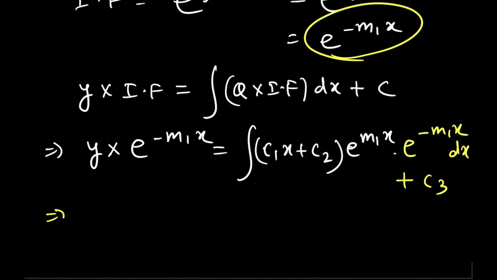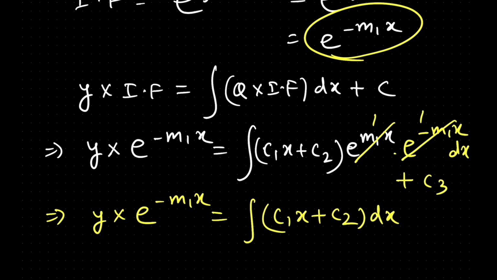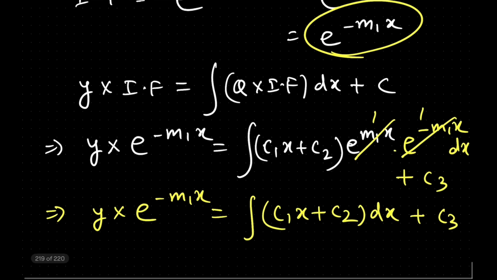So here you will get y into e to the power of minus m1x is equal to, so here again this will get cancelled with this, you will get 1 into c1x plus c2 dx plus c3.